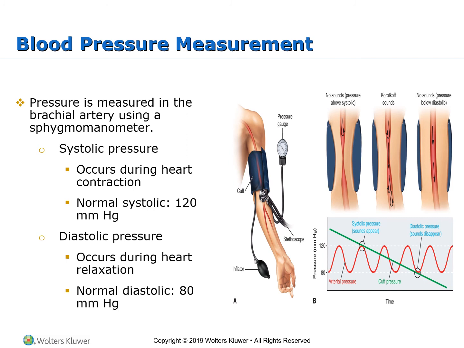The pressure in the cuff at a certain point will collapse the brachial artery, will impede the blood flow, will not allow the blood to flow through it. Using a stethoscope, we are listening and releasing slowly the air from the cuff.